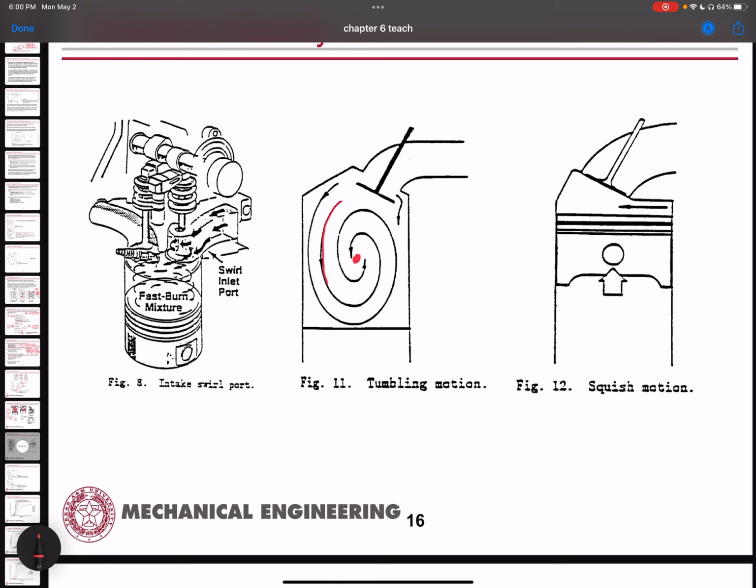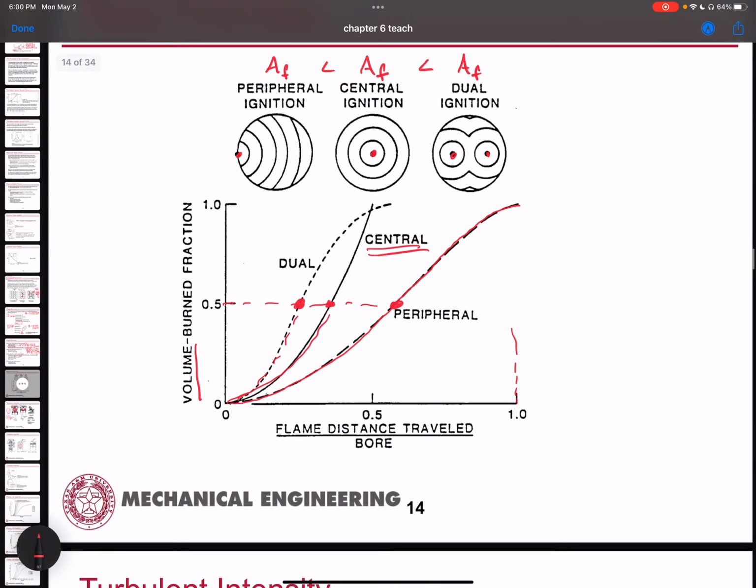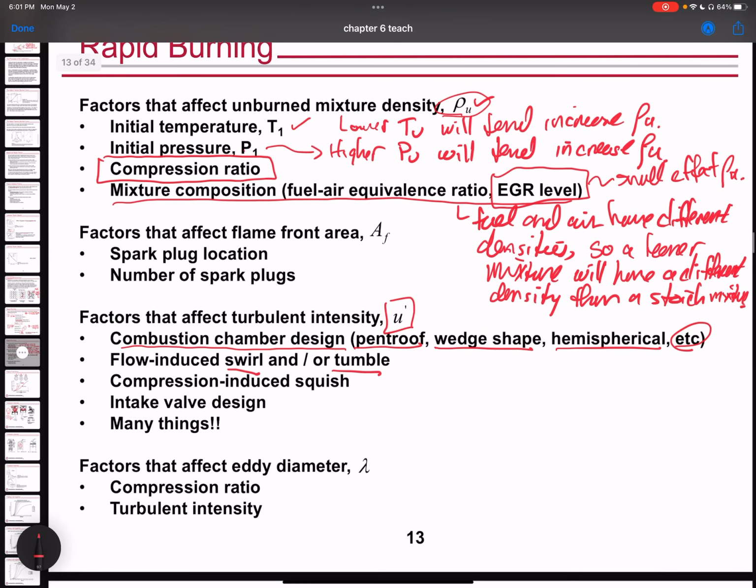So you can see how this tumbling motion occurs within the cylinder, and of course that can be oriented in any radial direction within the cylinder, but you get the basic idea that you end up getting this tumbling motion within the cylinder itself.